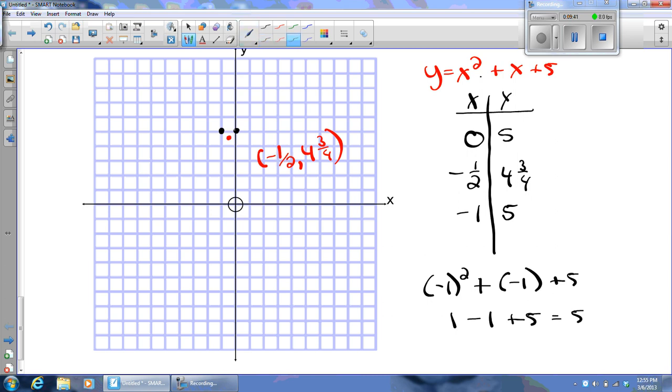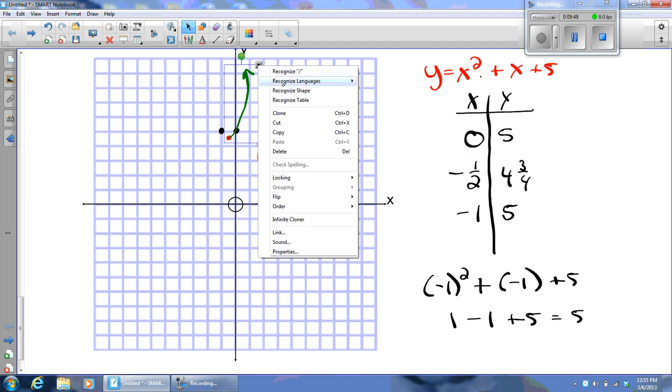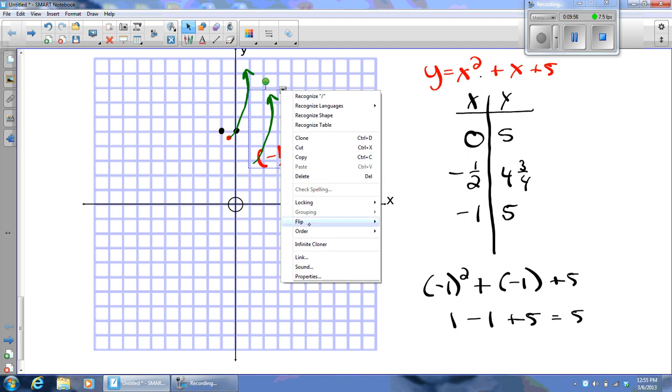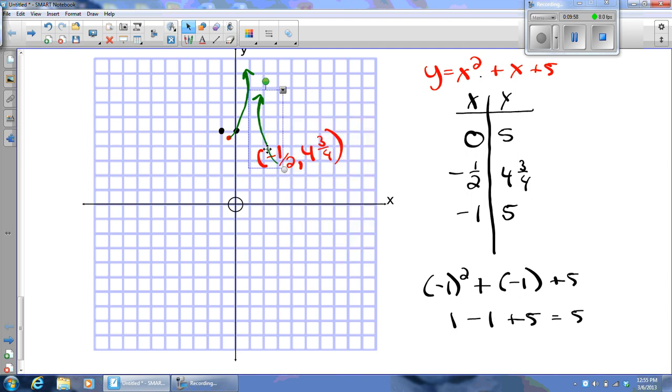And so then when I draw my parabola, it'll look something like that. And I'm going to cheat. It's easier to do with paper than it is with the airliner. That's the only reason I'm not actually doing it. And there you go.